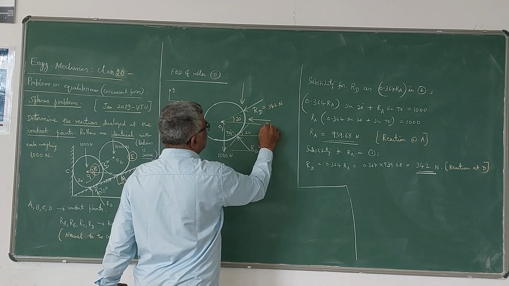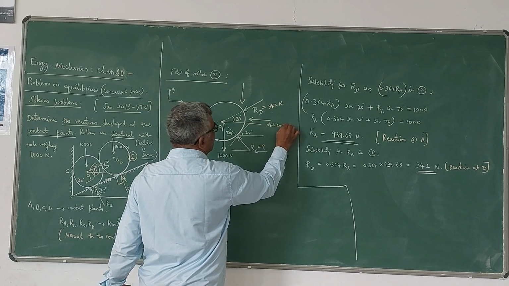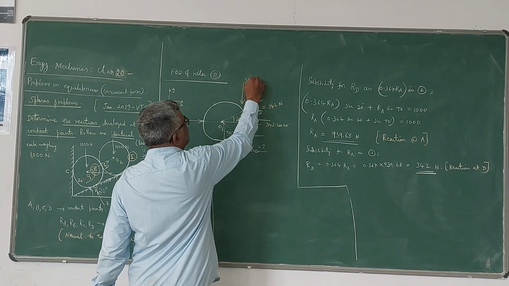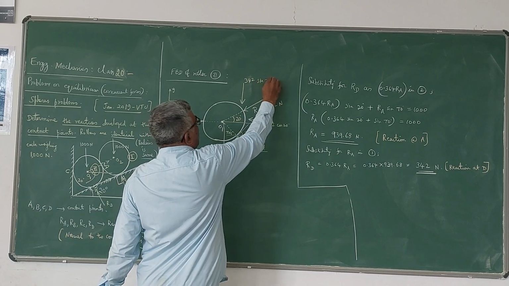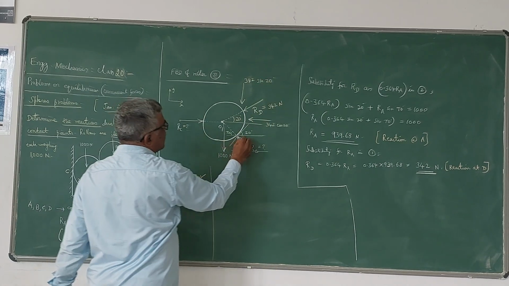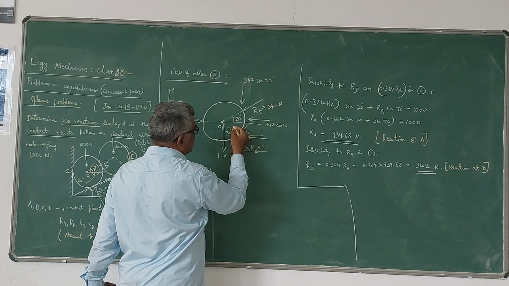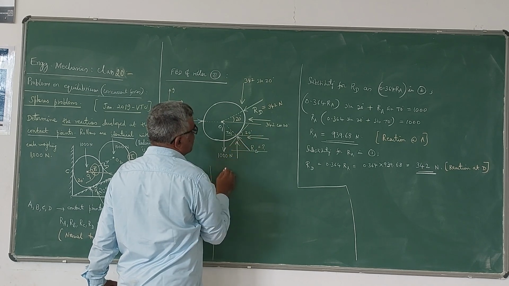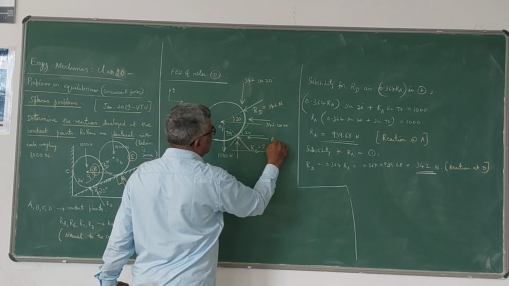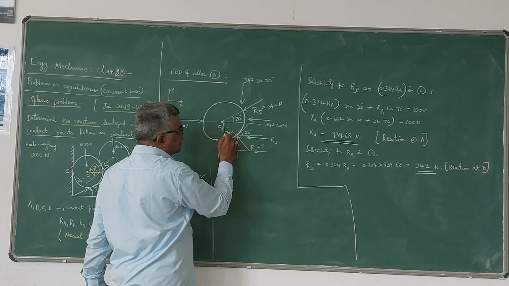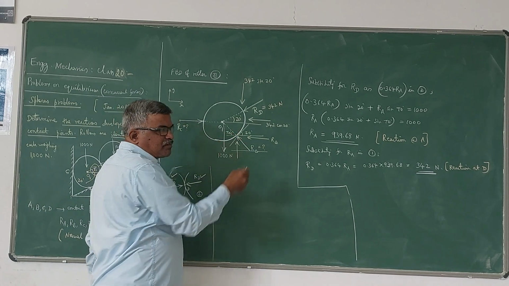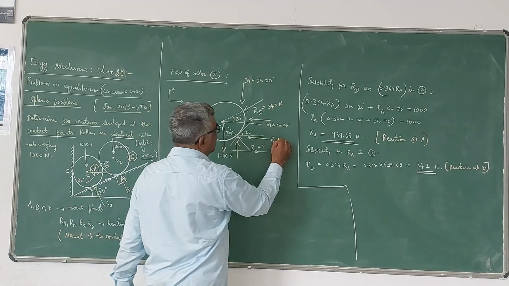Angle is 20 degrees. So 342 cos 20 and this is 342 sin 20. And if you resolve this RB, the horizontal component is towards left, the vertical component is upwards, and RB is unknown. The angle is 70 degrees. Please note that the angle of RB with respect to the horizontal or x-axis is 70 degrees.